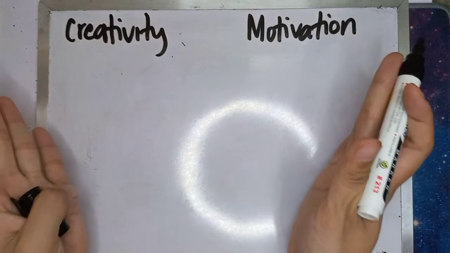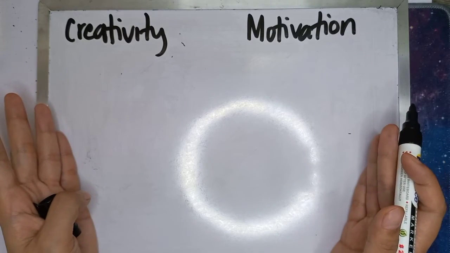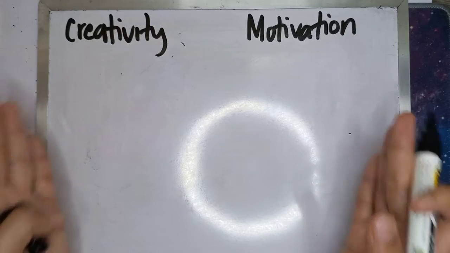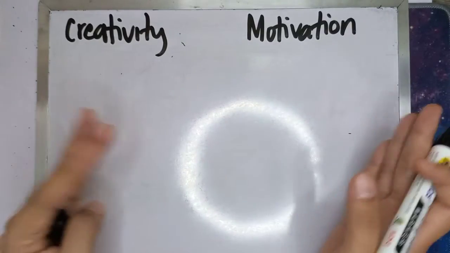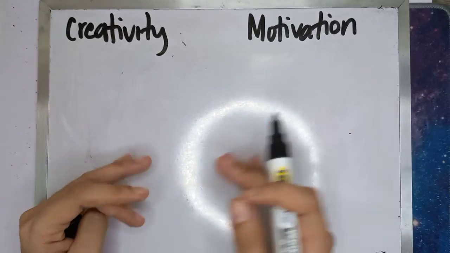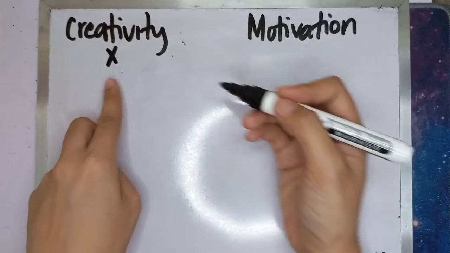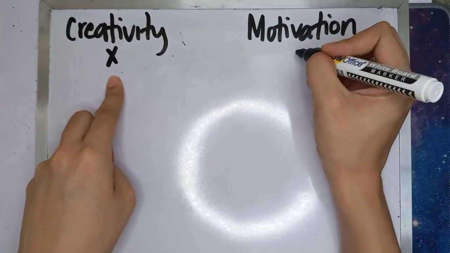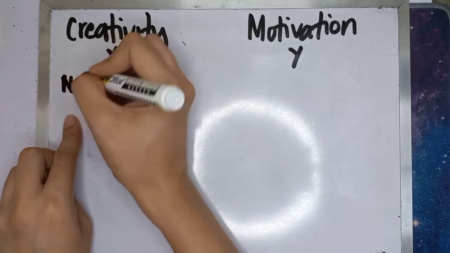So, since established na correlated sila sa isa't isa, pwede natin silang ipagpatuloy na tignan yung predictive ability nila to each other. So, predict natin yung X from Y at Y from X. So, yung creativity, gawin natin siya na X and motivation, label na natin na Y.